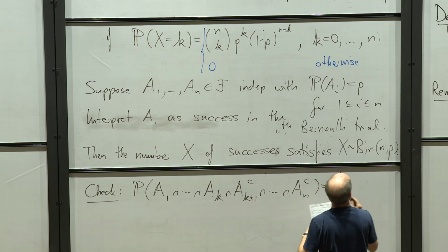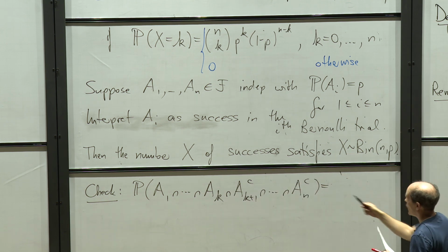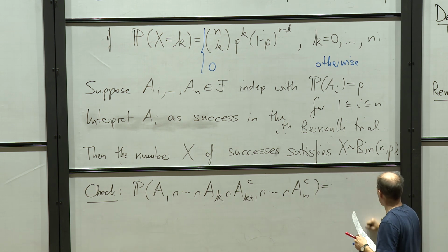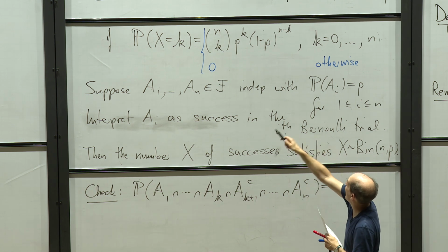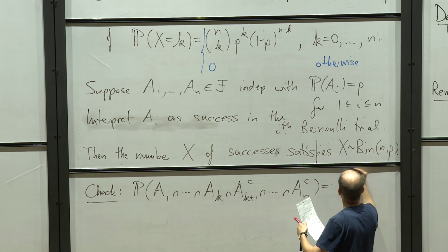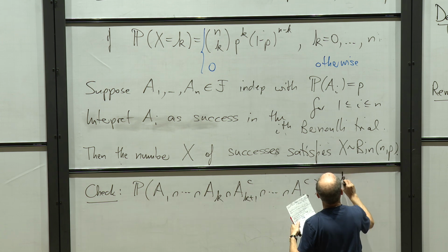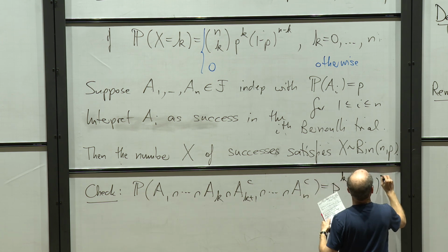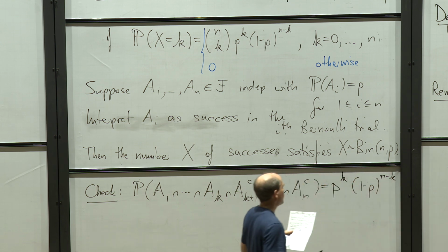And note that by independence, this probability of intersections is a product of probabilities. Those products are all p's and the complementary 1 minus p's: k of the p's multiplied into n minus k of the failures.